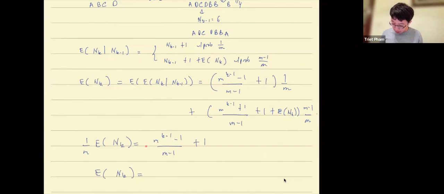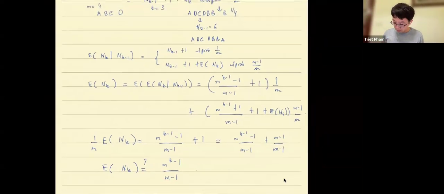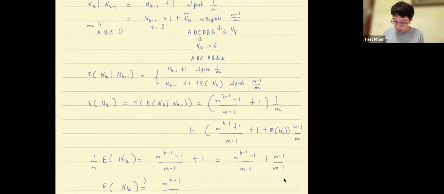If I multiply this by M, it will not be M to the k minus 1 over M minus 1, right? So the reason is because if I add this together, I don't think we get that. Okay, so there's an error here, right? If I solve for this and I multiply by M, I won't get the induction formula. So there's something wrong with how I worked out this expression.